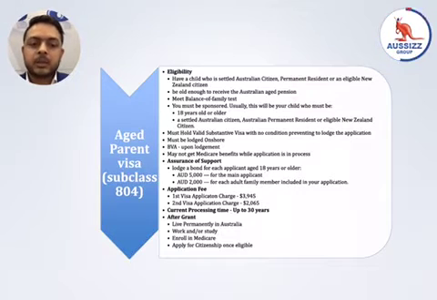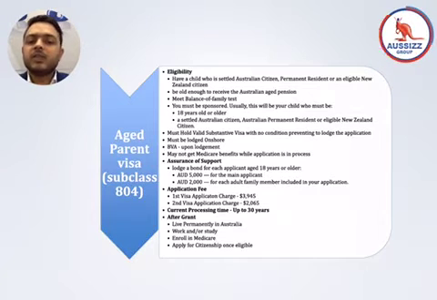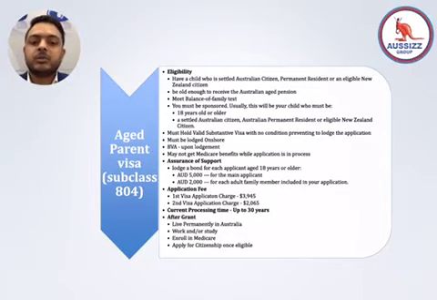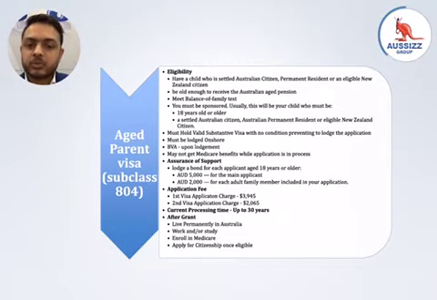In this, the applicant must be old enough to be eligible to apply for an Australian age pension, which is around 65 to 67, depending on their year of birth. So the parent must meet the age requirement first. They must have an Australian citizen or permanent resident child who wishes to sponsor, and the parents must meet the balance of family requirement.